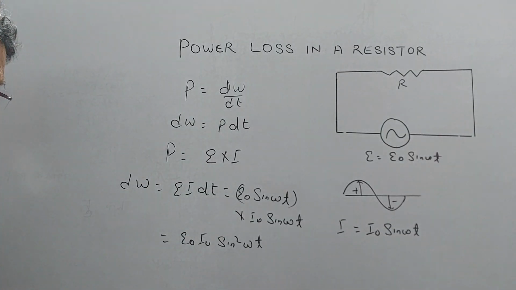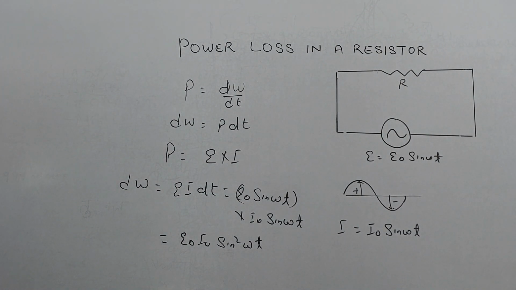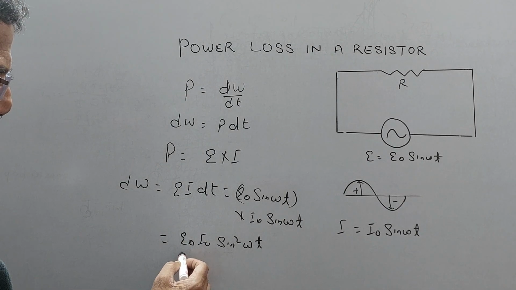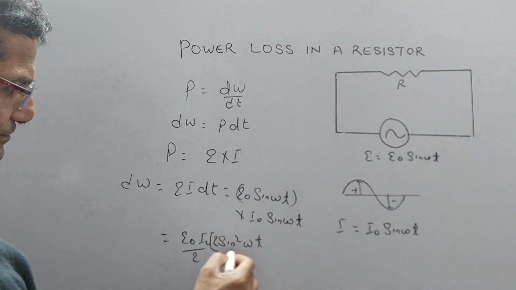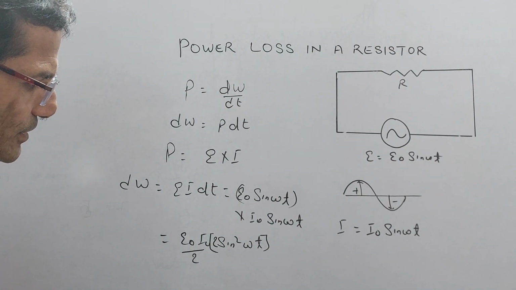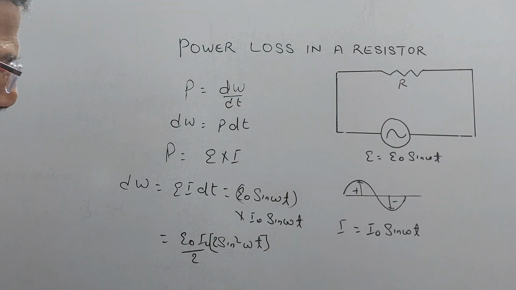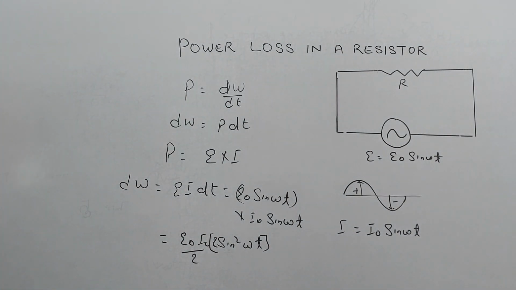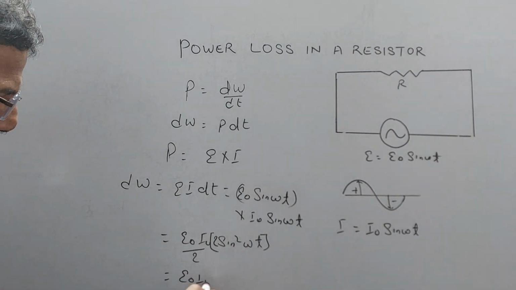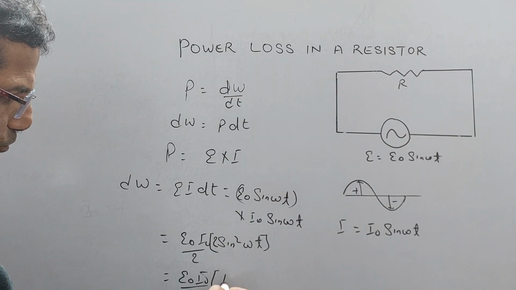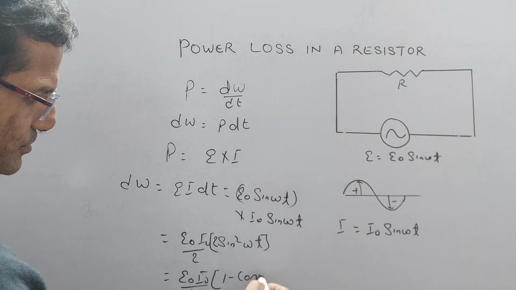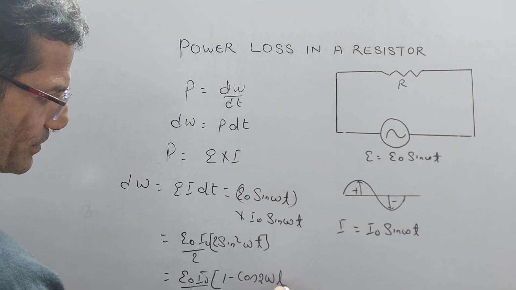Now using trigonometric relations, if I multiply by 2 and divide by 2, I have 2 sin square omega t, which from trigonometry changes to 1 minus cos 2 omega t.